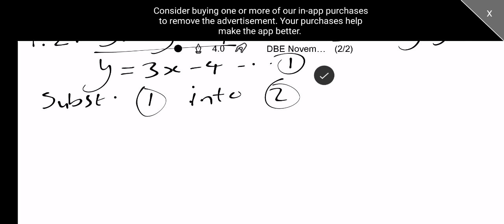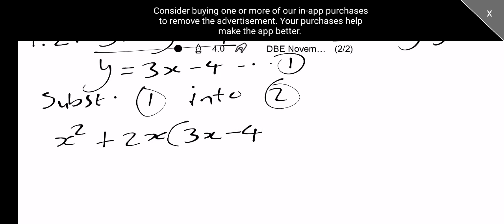We're going to have x squared plus 2x into 3x minus 4, minus 3x minus 4 squared equals negative 2.